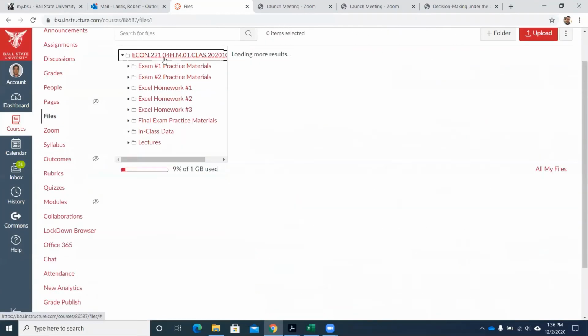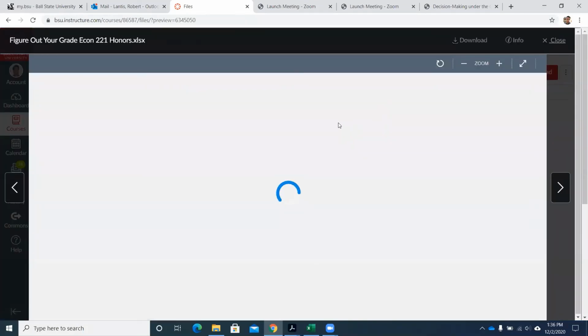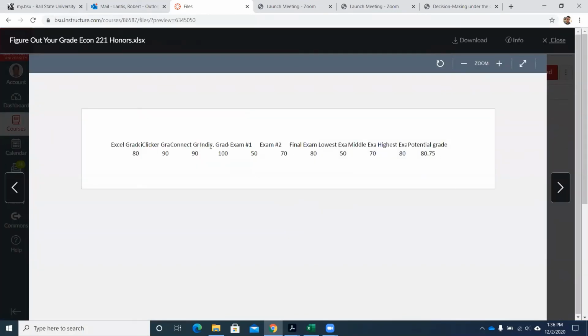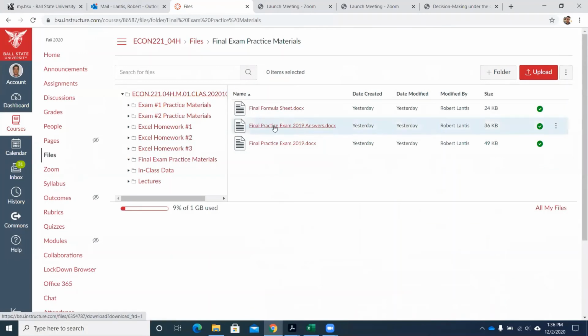I think I mentioned this Monday, and I tried to show you how to use it, but I did get that figure-your-grade tool posted. It has the individual assignment grades, as opposed to the one that I was showing you, which was for a different class. It's got the exams weighted appropriately for this class. I also posted final exam practice materials.